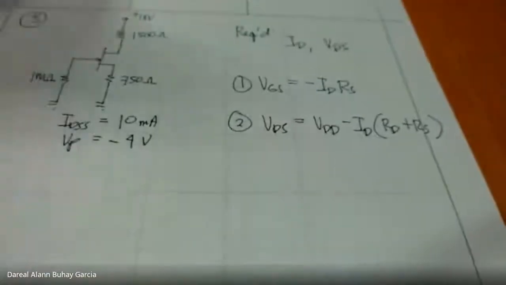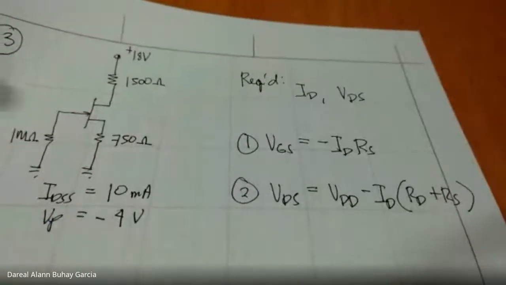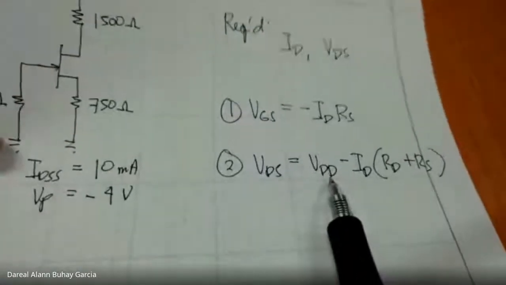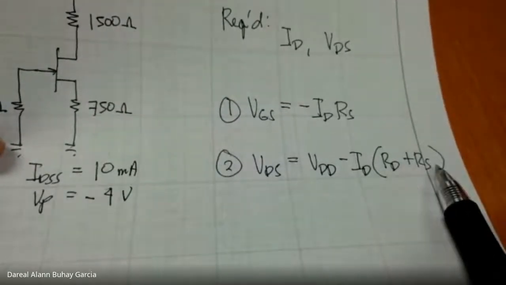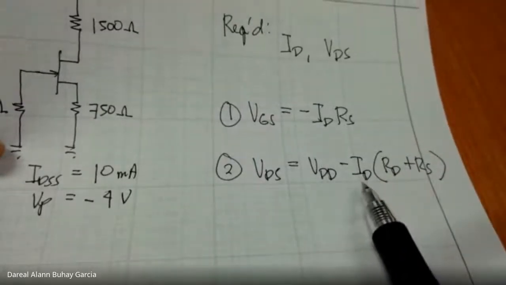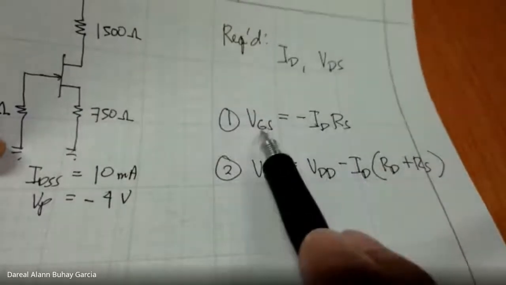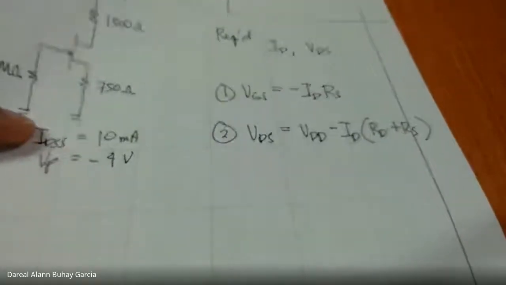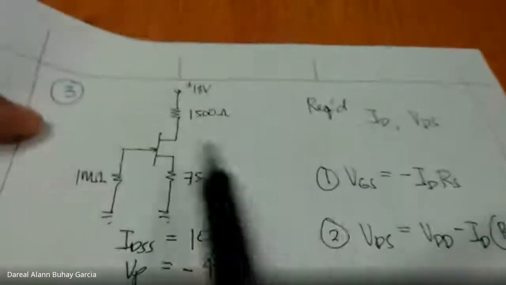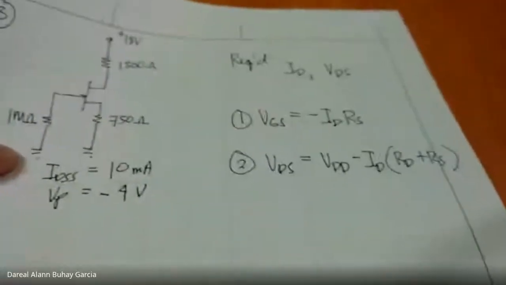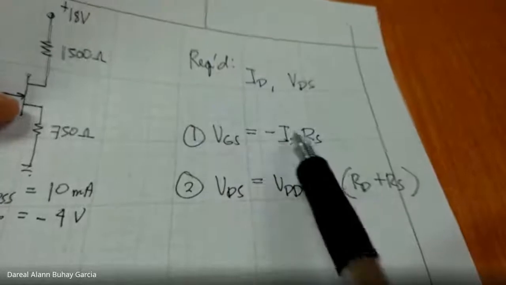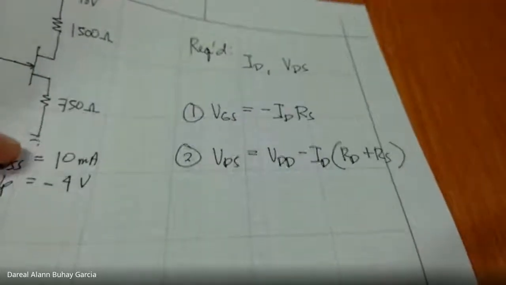VDD, RD, and RS are known, so we have three unknowns: ID, VGS, and VDS. We have 3 unknowns but only 2 equations. We are short one equation, even though we derived these using KVL on the self-bias circuit.